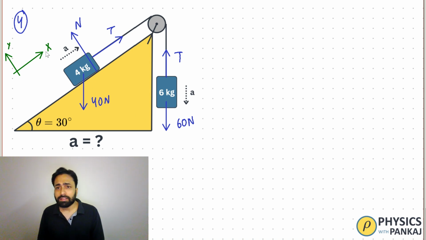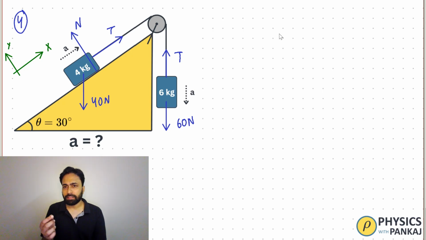We would see that this tension is already along the x axis and the normal reaction is already along the y axis, so we don't really need to touch them. However, this 40 Newton force of gravitation is neither along the x axis nor the y axis. Thus, we would need to break it down into components.